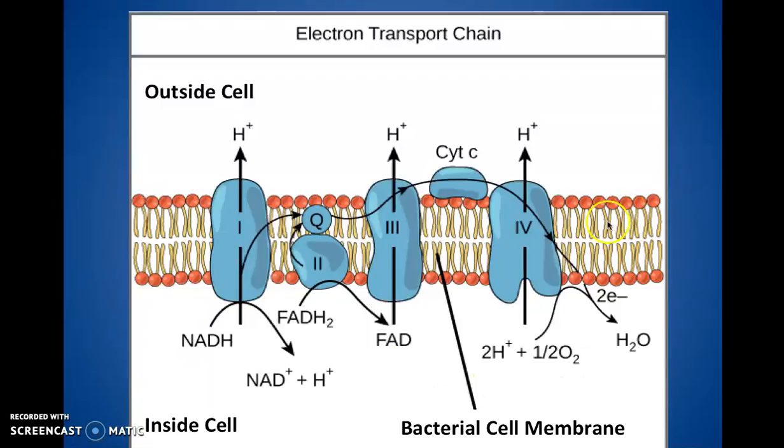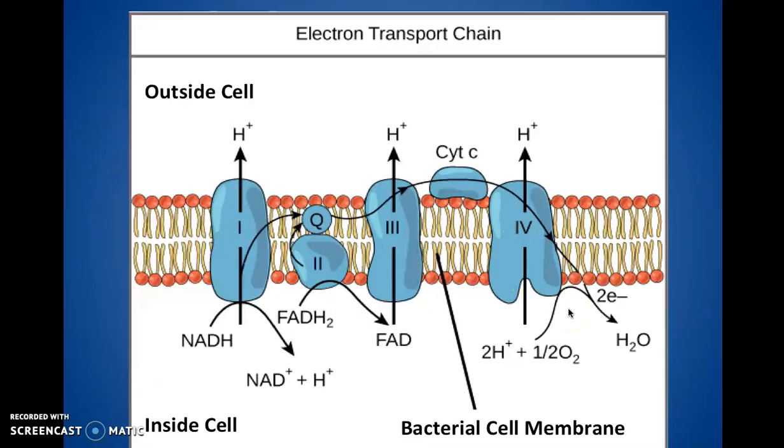And this is just a simplified version of what the bacterial cell membrane looks like. And these are the different complexes. This is complex 1. This is complex 2, which is also attached to coenzyme Q. Here is complex 3, cytochrome C, and complex 4.